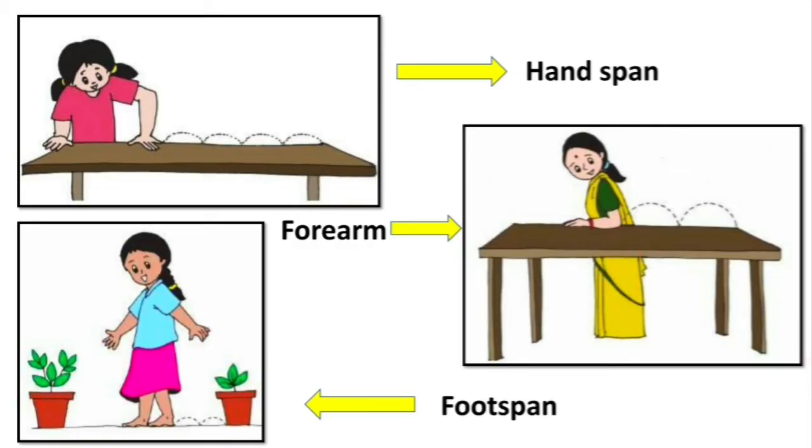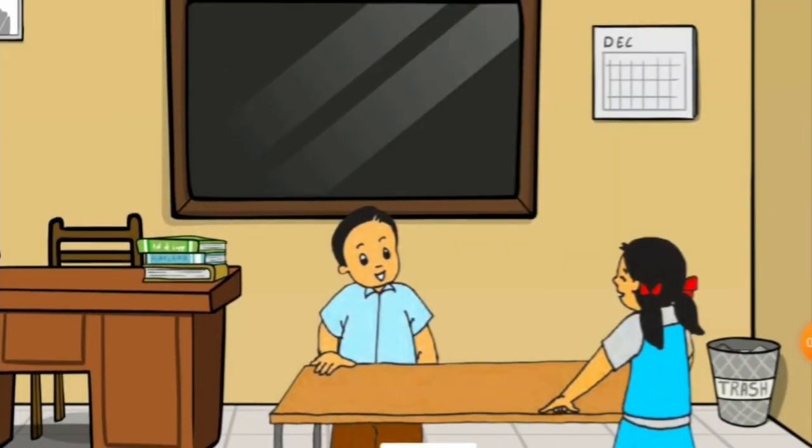Children, in early days body parts were used to measure lengths, but measurements taken by these means are not accurate. If we use our hand span to measure length, the measurement taken by different persons will vary, as our hand spans are not equal. For example, there is a table of the same length. Meena and Rahul measure the length using their hand spans.